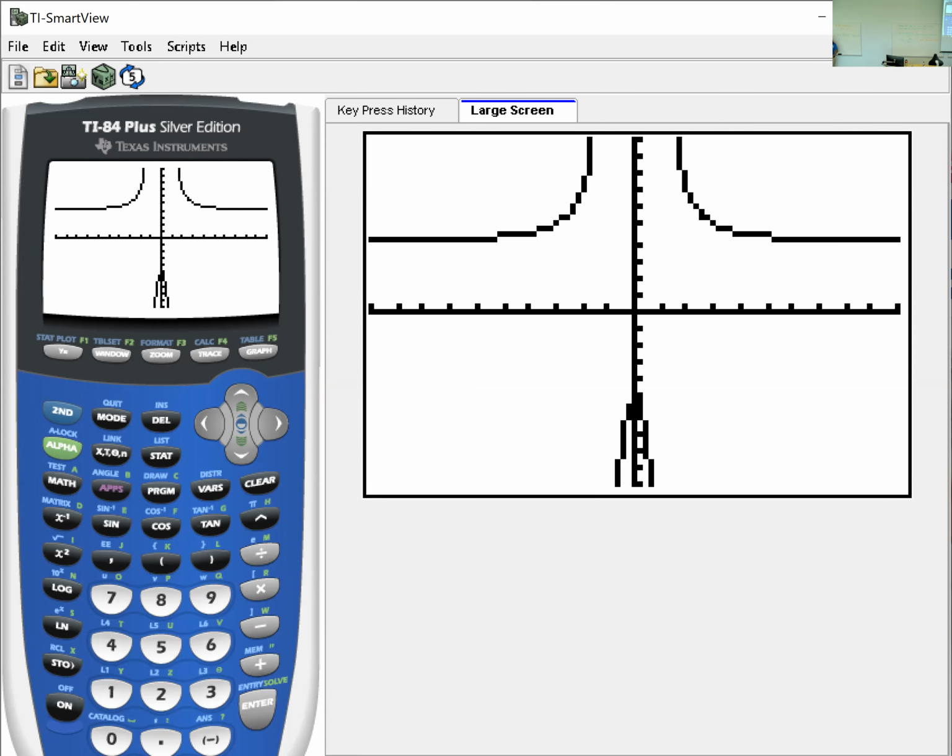Is it possible to get exactly -5? Alexa says yes. Nolan says yes. If you go back a few minutes, how did we get that -5? I plugged in 0, and when I plugged in 0, I got y to be exactly equal to -5. So that is possible. Good.